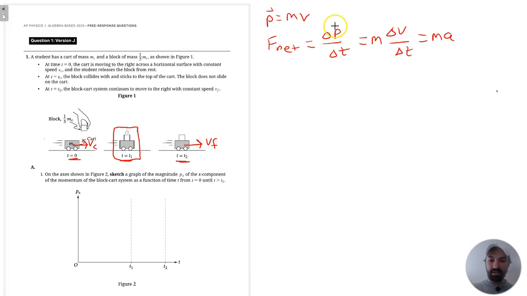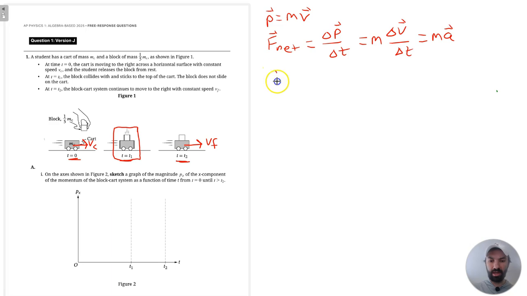You will also notice that all of these have little arrows on top of them. The reason they have little arrows on top of them is because they are vectors. Real quick, again, a vector is a component with both a magnitude and a direction. It has to have a how much and a which way. The which way is very important. The fact that it is a vector is very important.